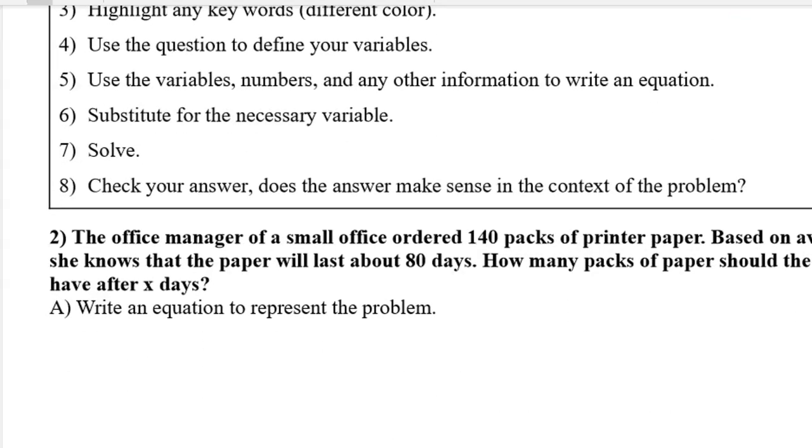Use the variables, numbers, and any other information to write a question. Perfect. Number 6, Chelsea. Perfect. Number 7, Corey. Solve. Yes. And then number 8, Levi. Check your answer. Does the answer make sense to context? Okay, very good. That's actually one of the most important guidelines there.